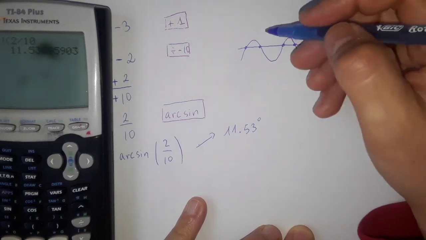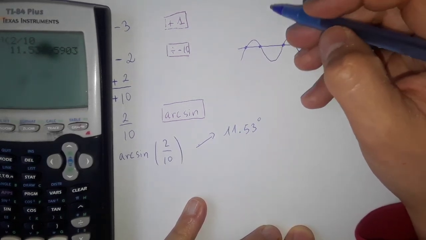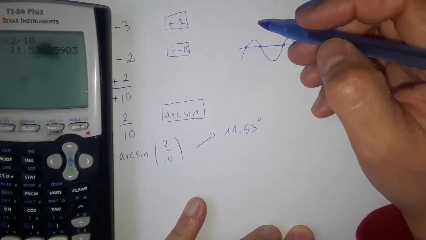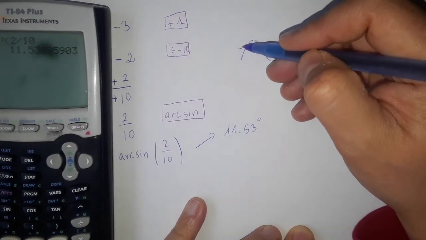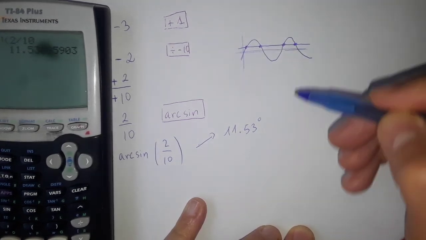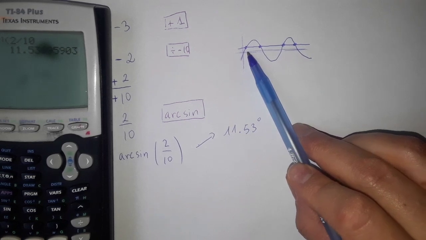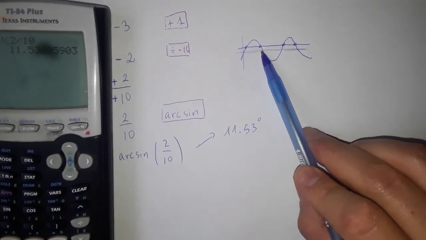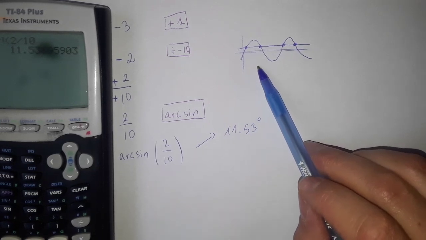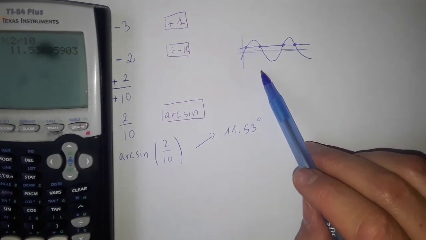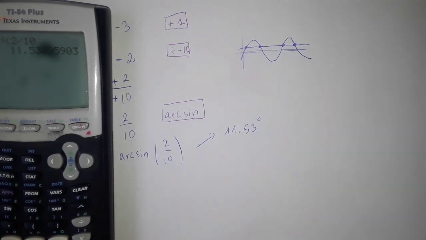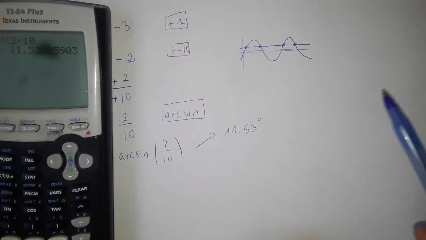But if we think about the axis being here, this would be the first one, but then what about the next one? How can I find the next solution? For cosine, it was really easy because there was right away a symmetry, right? But with this, we must think a little bit more.